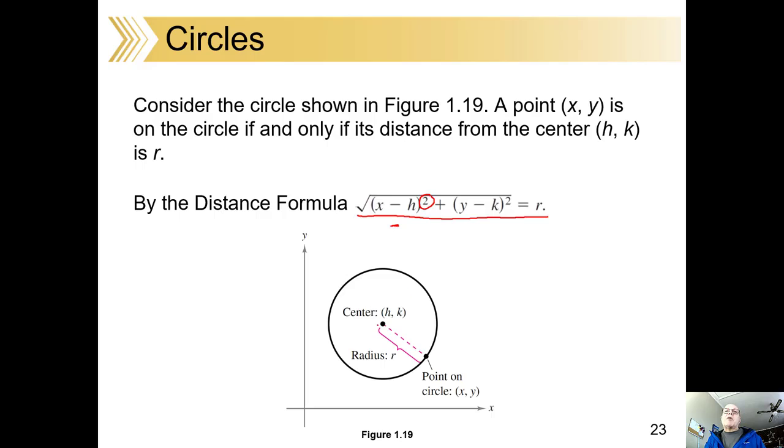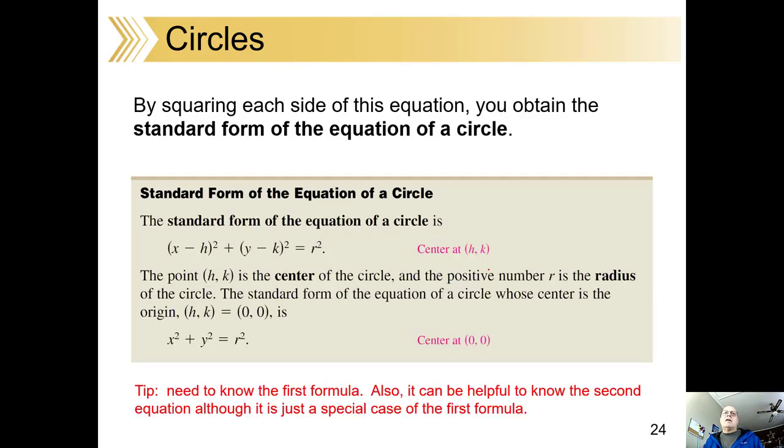Using the distance formula, you get the distance from the center to any point out here, h, k. If you square both sides, this is what you got for any circle at all. Here is the standard form of the equation.